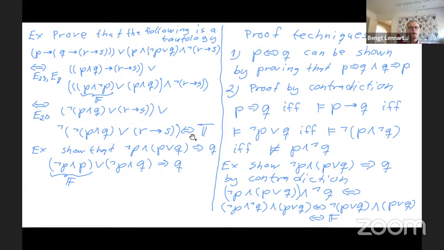Okay, why is this a tautology, which I've written here? Because what you see here is the same as you see here. And here you have a big statement or not this big statement, and that is a condition that is always true.